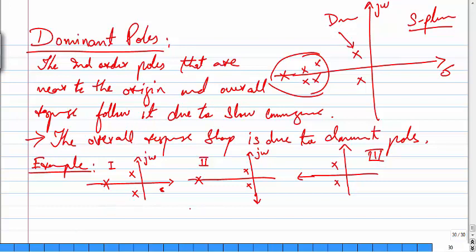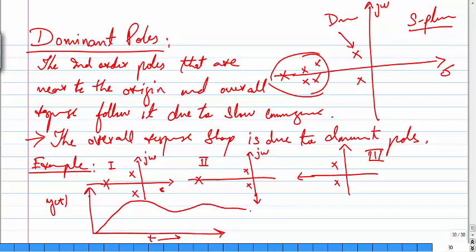Now if I plot a response here, I assume this is the time t, and I look at the step response. So this is y of t. Let me assume this is the behavior of case 3, where we have only 2 dominant poles.